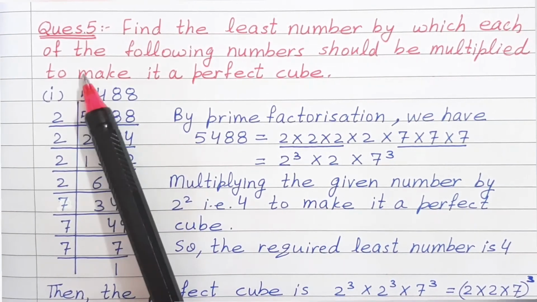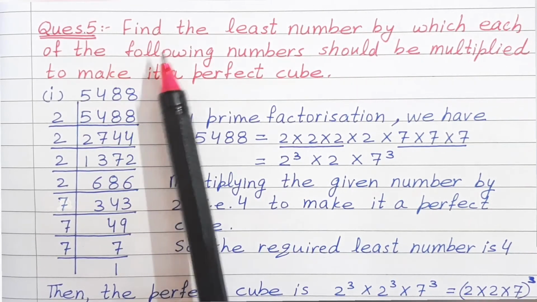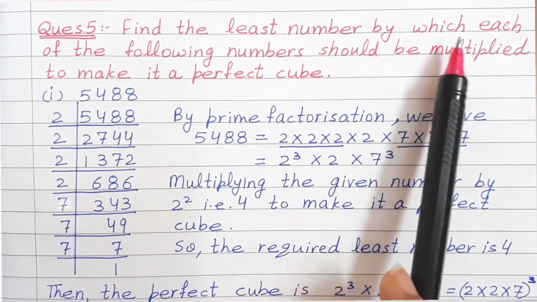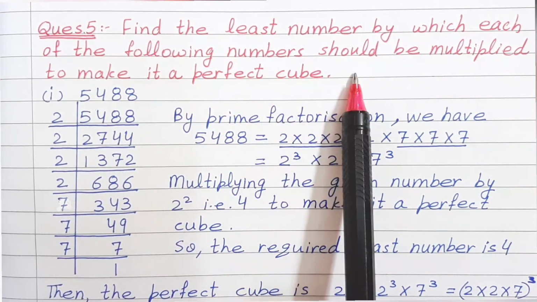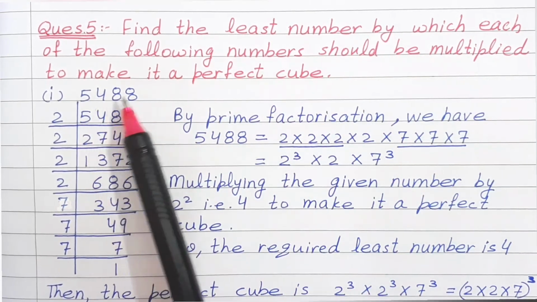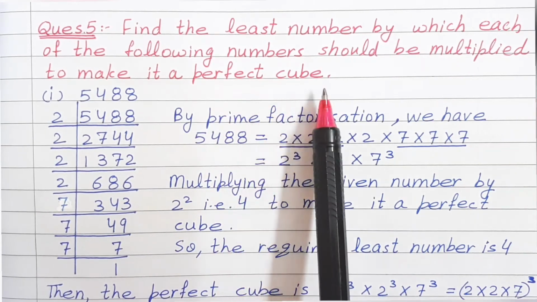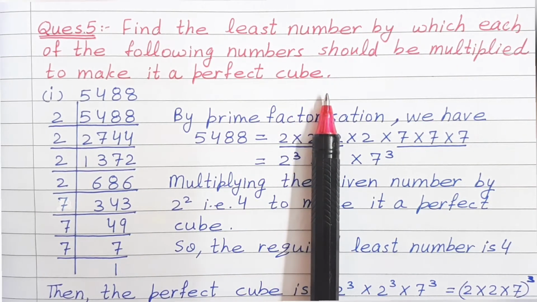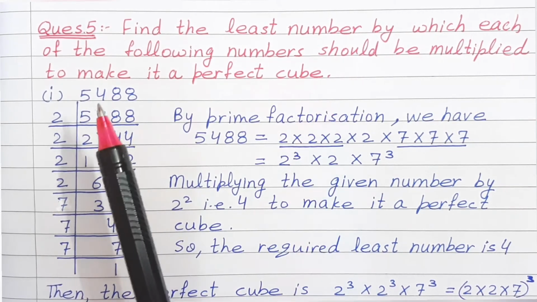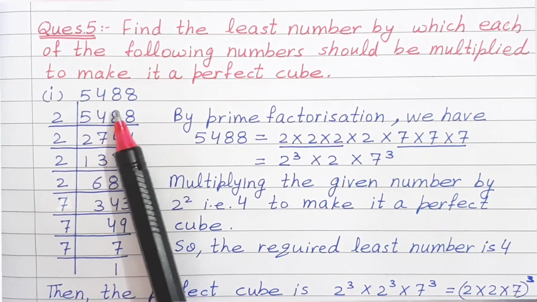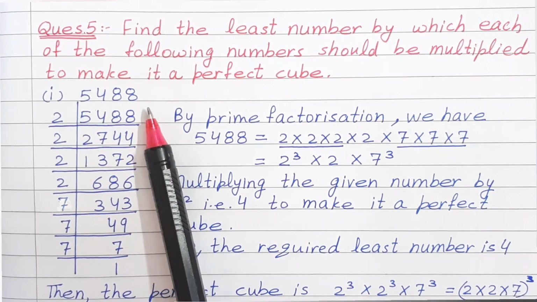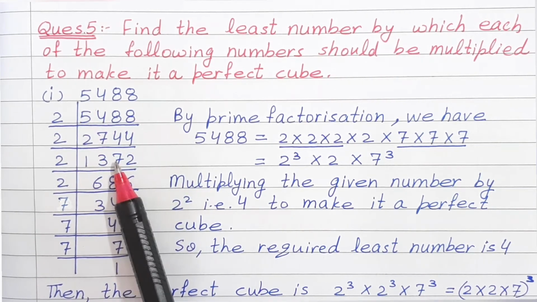Now let's do question number 5. Find the least number by which each of the following numbers should be multiplied to make it a perfect cube. So in order to find that number, we need to do the prime factorization of 5488. So let us do the prime factorization.